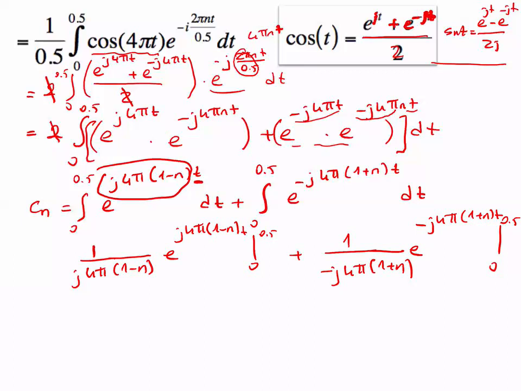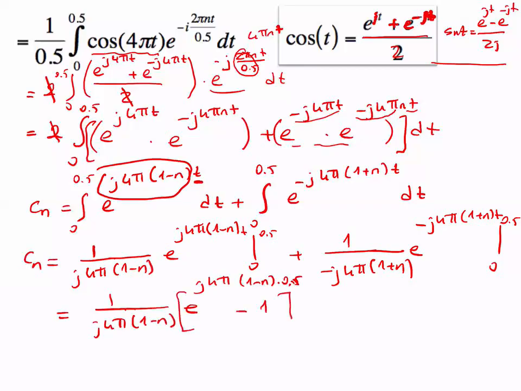So it becomes like 1 over j 4 pi (1 minus n) e to the power j 4 pi (1 minus n) times 0.5, okay, minus e to the power 0, which is equal to 1, right?